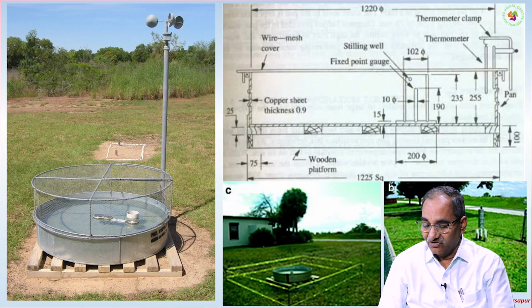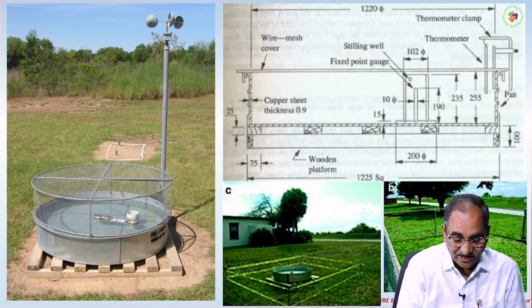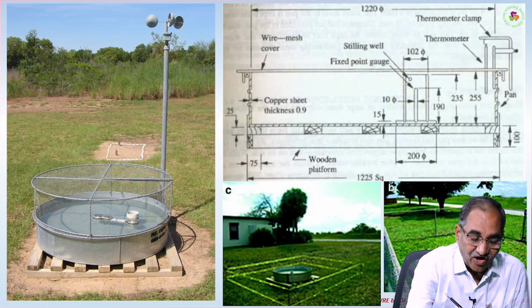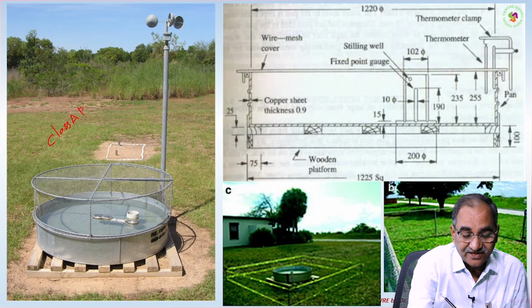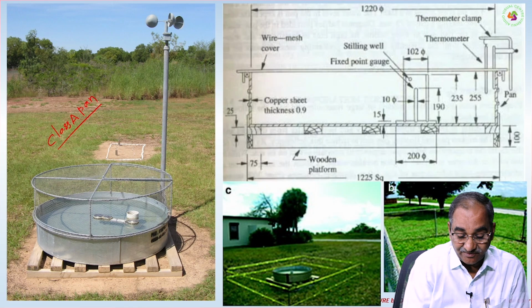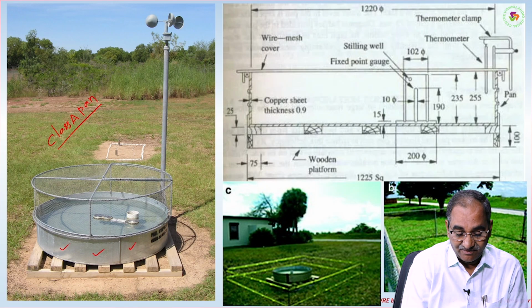This is how it looks like. Actually, this one is a class A pan. How can I say this is a class A pan? The reason being, this is the metal, if you see, it is galvanized iron. So GI metal sheet, that's why I am calling it as such.